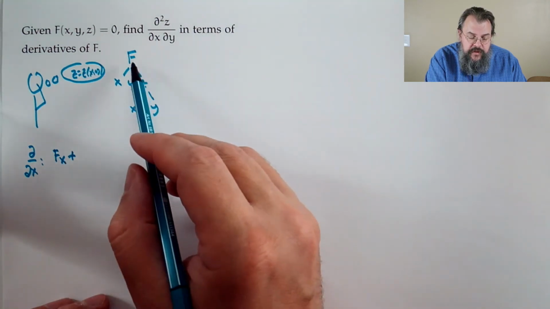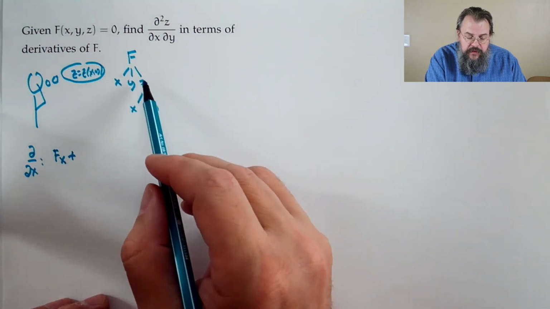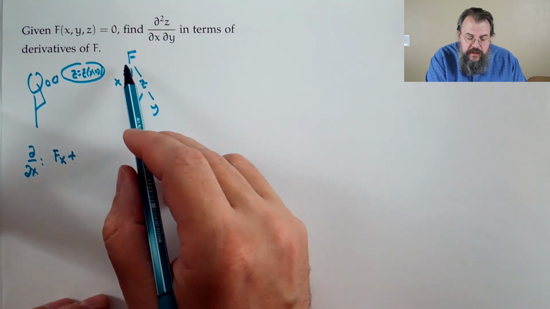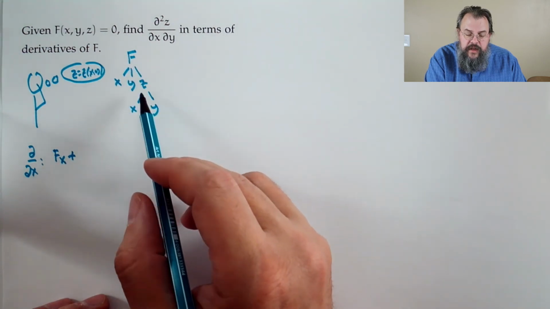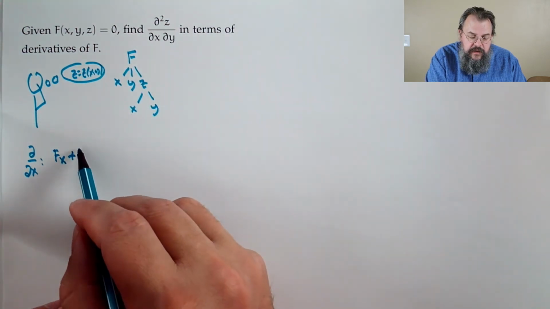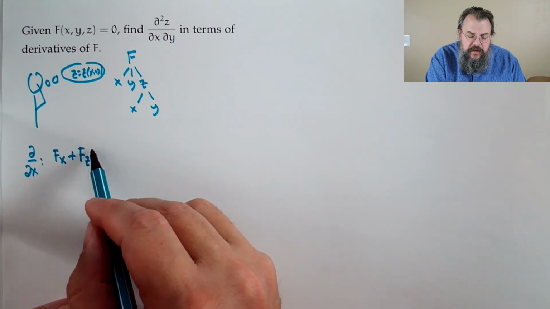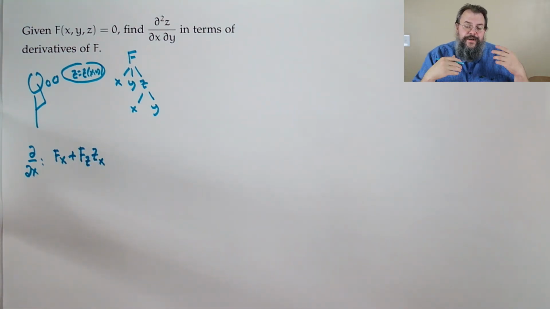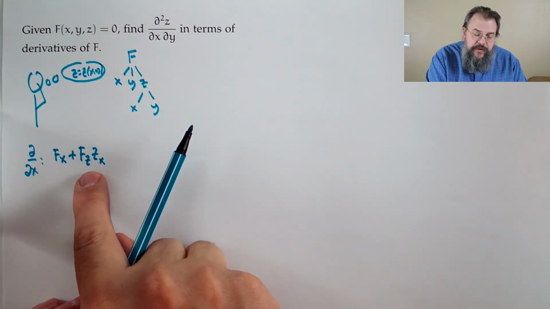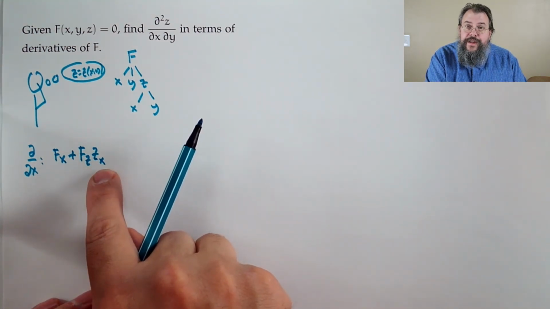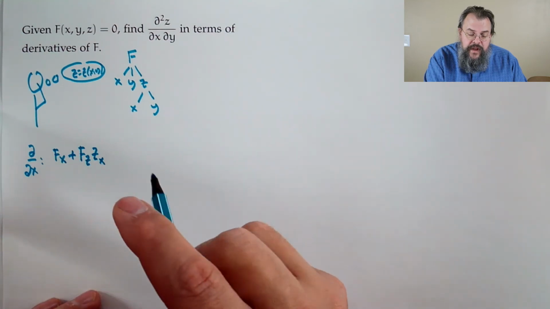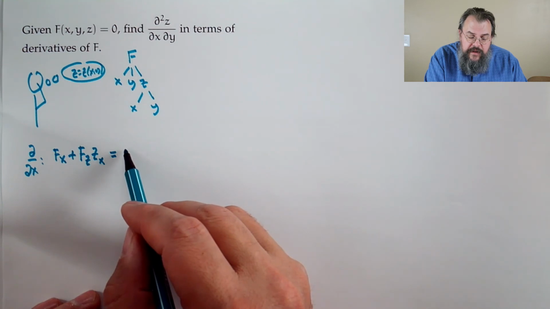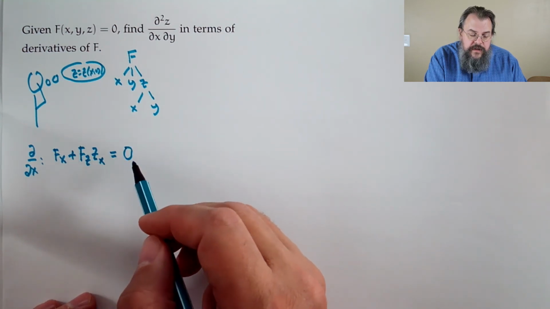Plus, then we have an x showing up down there. And the way we do that is we're going to take f sub z, that's the derivative of f with respect to z, times the derivative of z with respect to x. So f z, z x. This is all shorthand. So another way we could have written this is partial f, partial z, partial z, partial x. And that is going to equal the derivative of the other side with respect to x, which is 0.